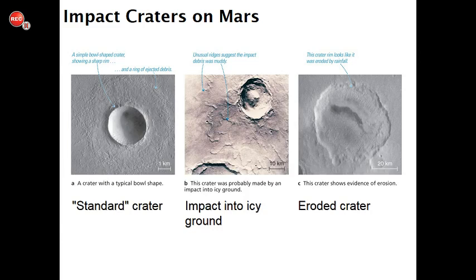You can also have craters in ice or in muddy, waterlogged soil, and it's going to leave obvious signs of not being a perfect crater. And then some craters can be eroded. You can see the evidence that the nice sharp shapes have been smudged out, and you're just left with debris.